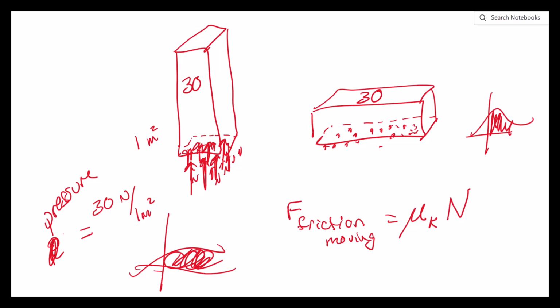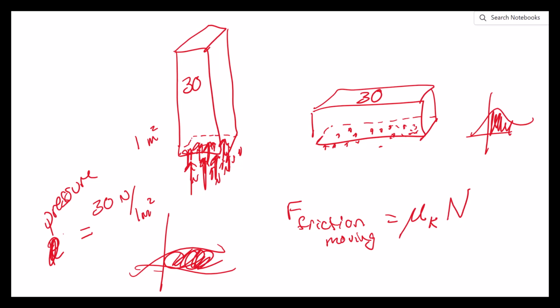So, assuming the box is made of the same thing on all 6 sides, and assuming we're not getting into deformation of the box or anything like that, it doesn't matter whether the box is up and down or side to side. It's still going to have the same friction.